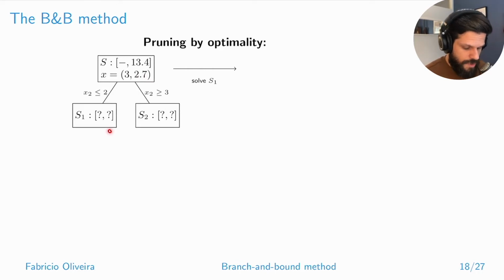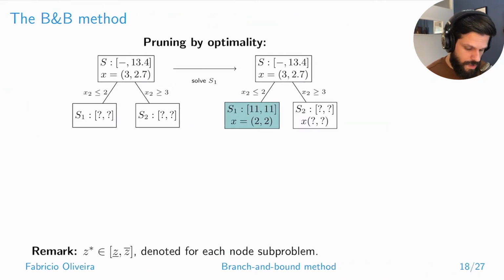And now I have two subproblems I have to solve that I know nothing about, so I decide I solve S1. It can be so that when I happen to solve S1, I end up finding an integer solution, which was what the original problem was, meaning that this is feasible for my original problem.